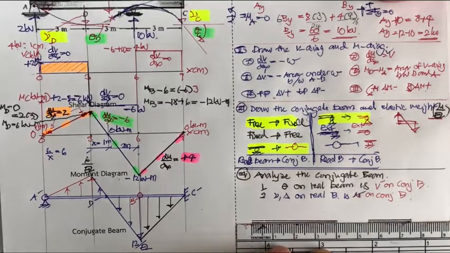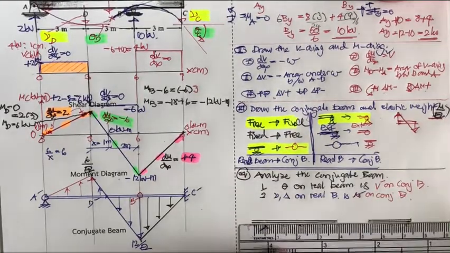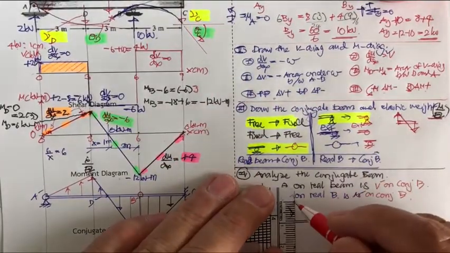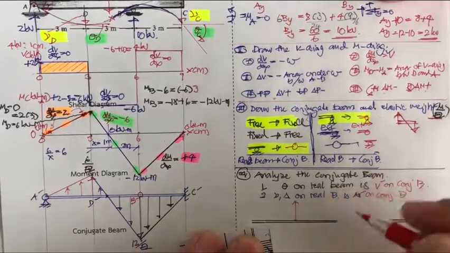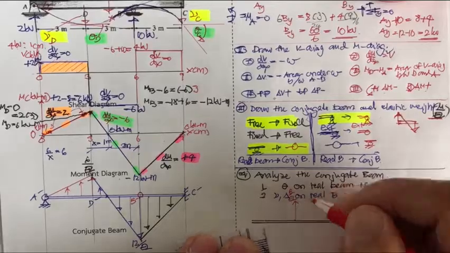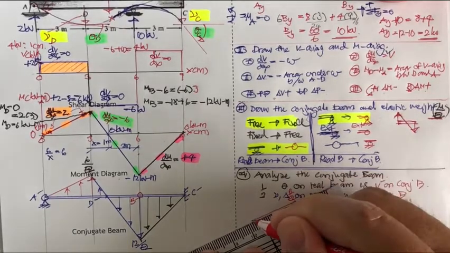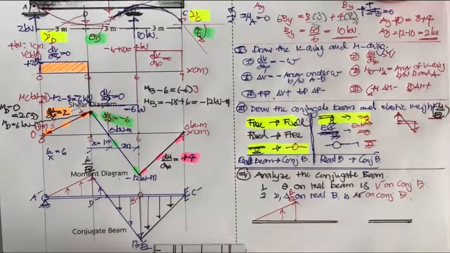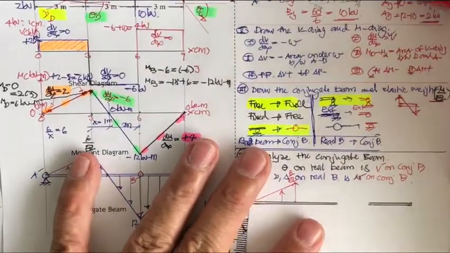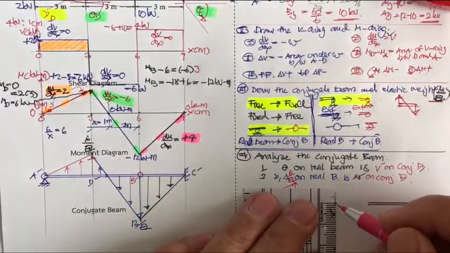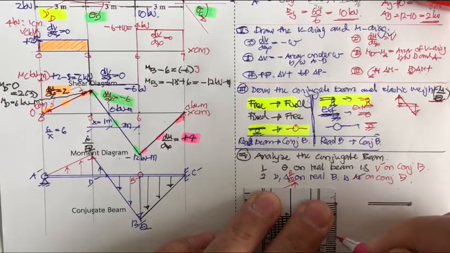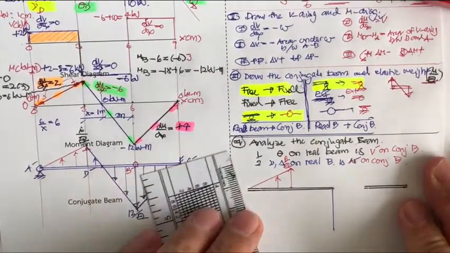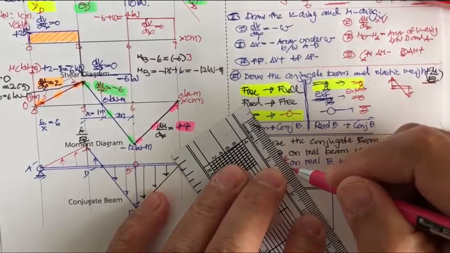And what we're going to have is the reaction, and this one is going to be here. Okay, this is 6, this is 6 over EI. Then we have this, and also we have this one for the 12. So I'll take this one. This one is going to be like this.